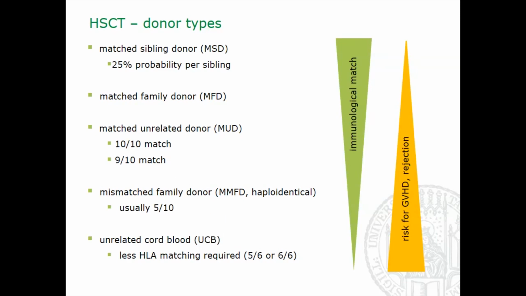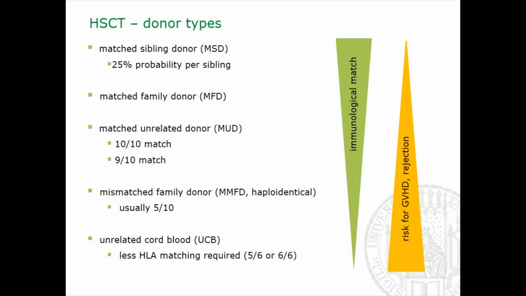A fourth option that we have already touched upon today is a so-called mismatched family donor, or MMFD, or haploidentical donor. So haplo stands for half. By definition, since everybody of us has inherited their HLA half from his father and half from his mother, the mother or the father is always at least half identical to their child.